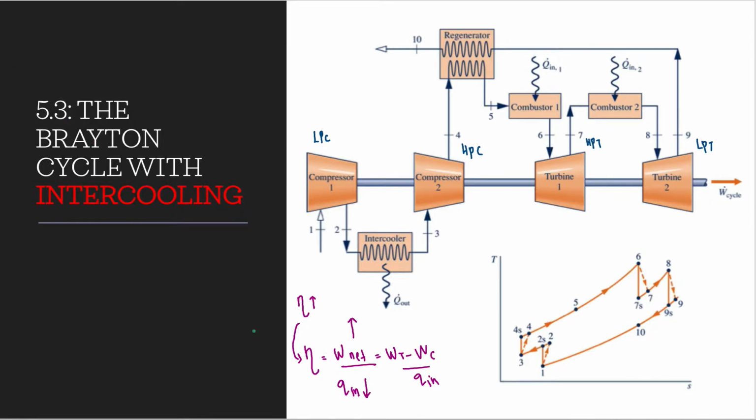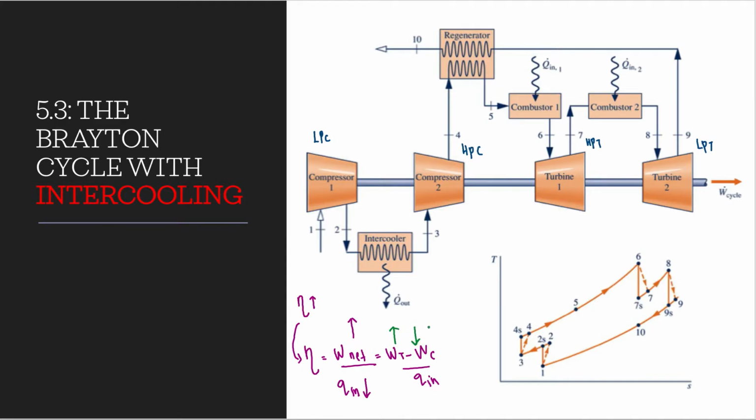In our previous topic, we already looked at how to reduce Q in by using a regenerator. Now, our concentration is on how to increase W net. W net, we know, is WT minus WC. So we intend to increase WT and reduce WC.